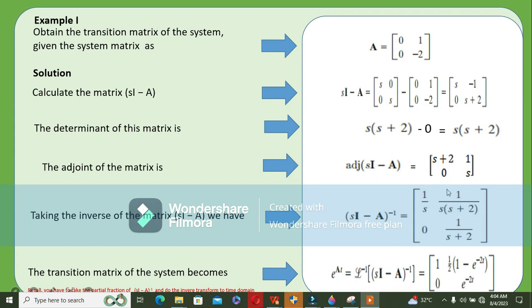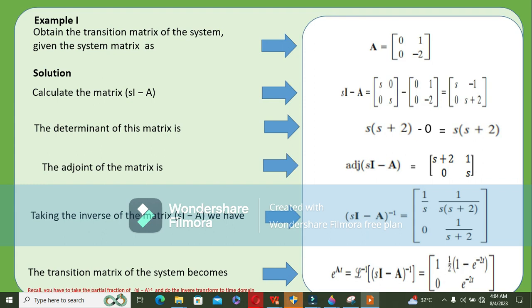Then you find the component for A, find the component for B, then do the inverse. For this one it is direct: it is going to give us exponential of minus 2t when we take the inverse Laplace transform, and this of course becomes our transition matrix.